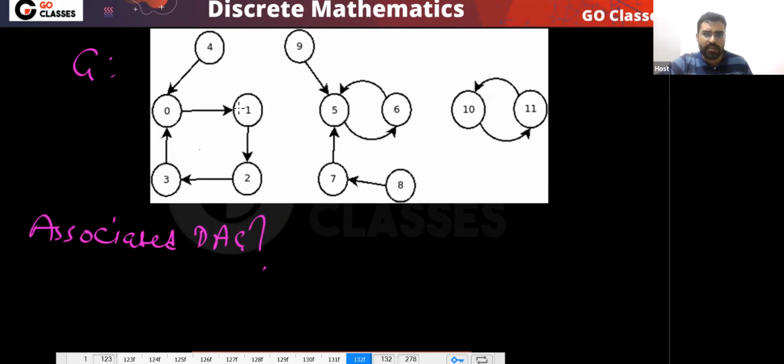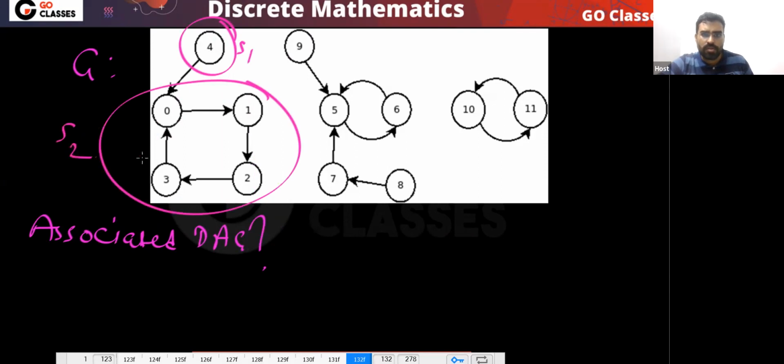First you find the strongly connected components. This is a strongly connected component S1. There is a cycle here. So this is a strongly connected component S2. This is S3. This is S4.